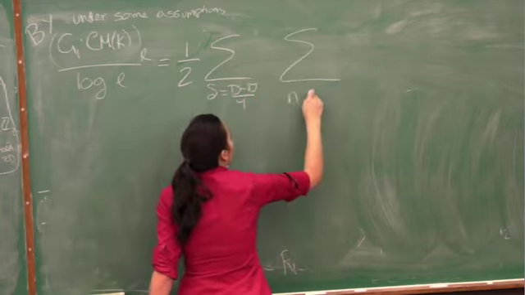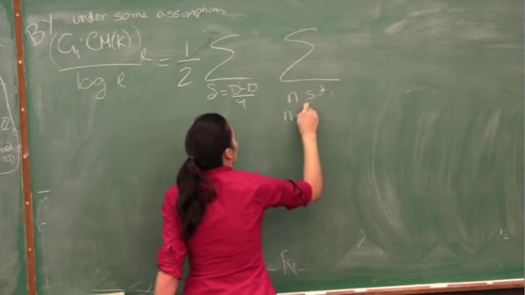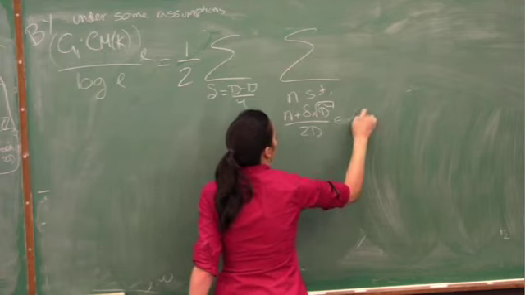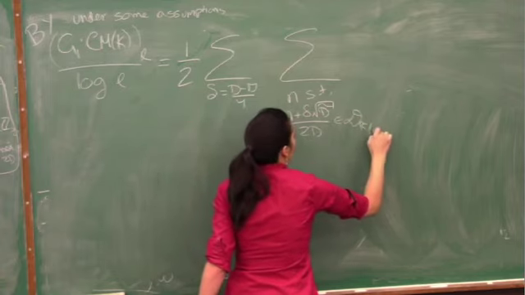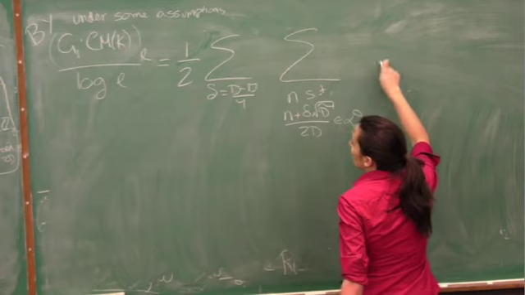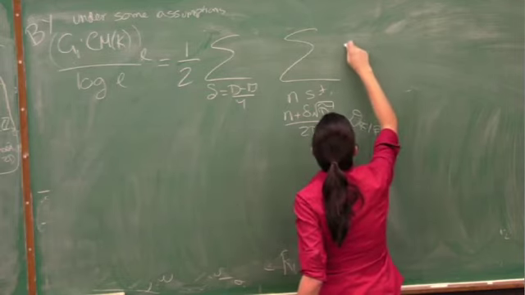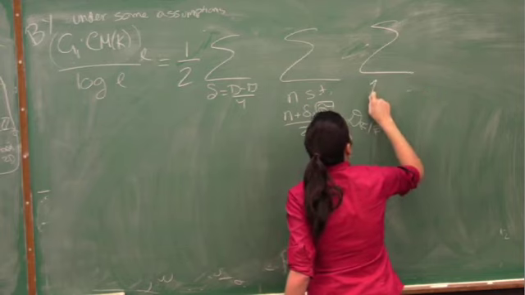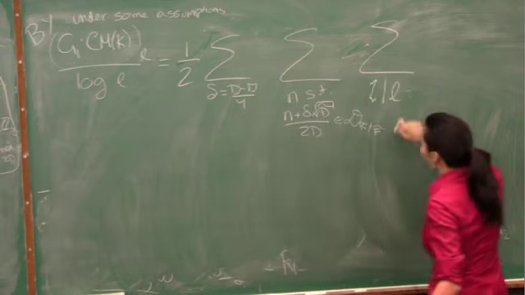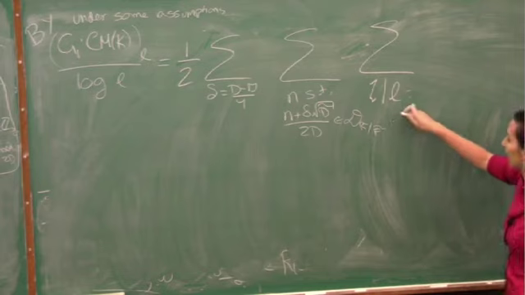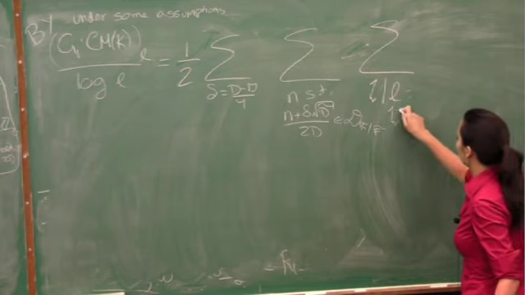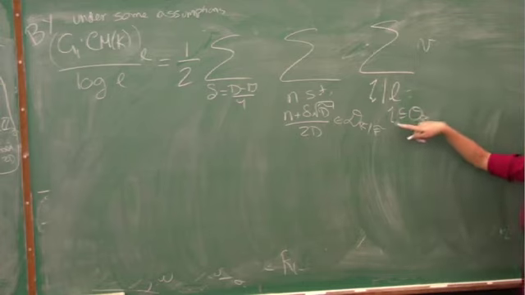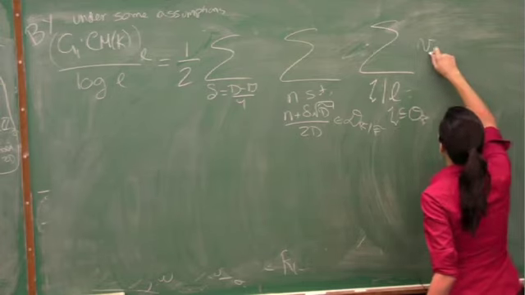And then you sum over n such that n plus delta square root d tilde over 2d is in this inverse discriminant. And then you get, and then we sum over these frac L's in OF tilde. So we also had a lot of discussion with the frac L's.